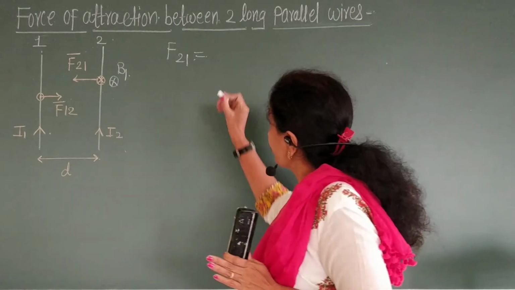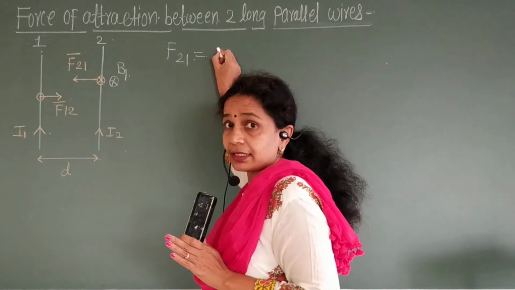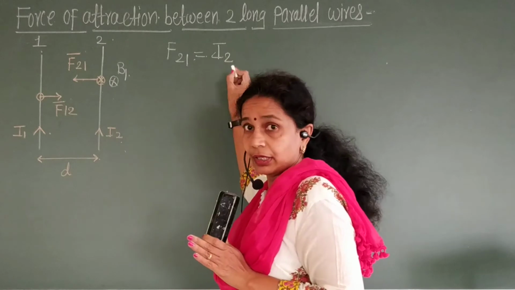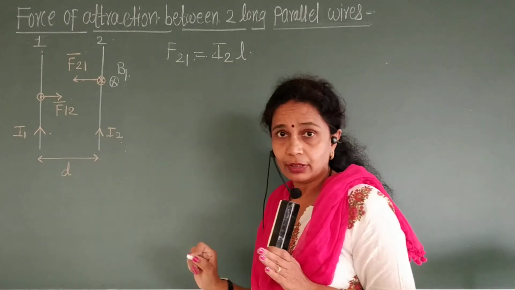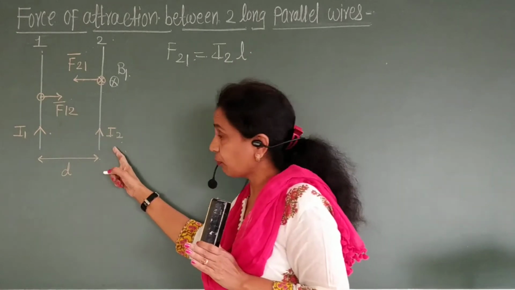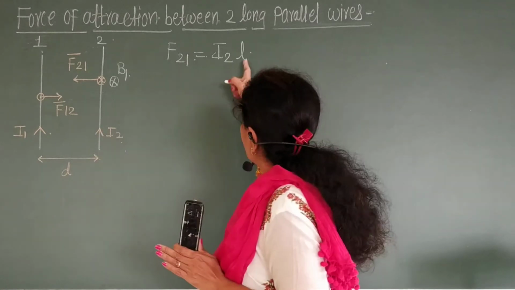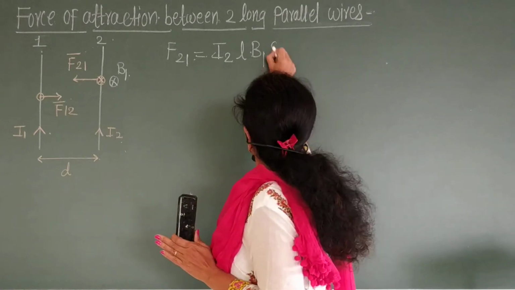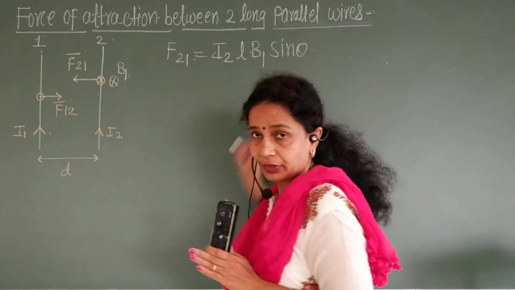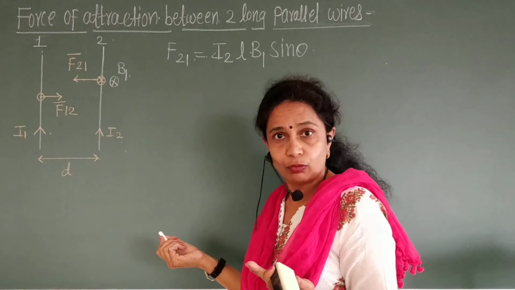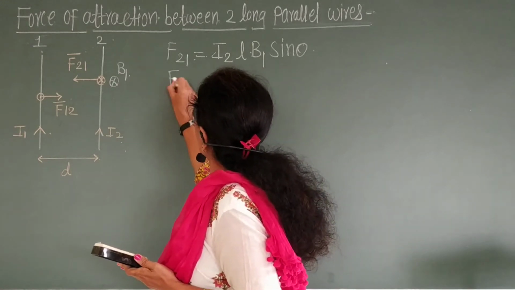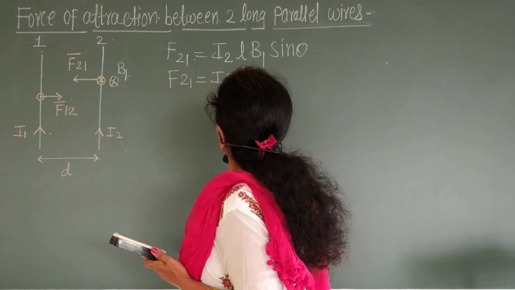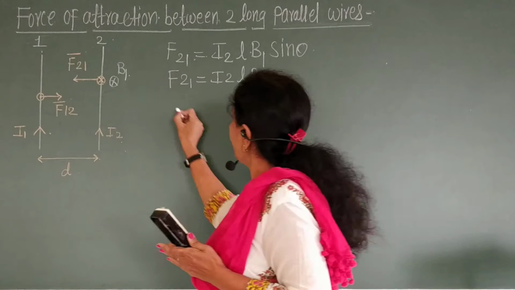Here I is I2, L is the length of the conductor, of course the second wire, B1 into sine of theta. The value of sine theta is 1. Therefore, we get F21 is equal to I2 L B1.